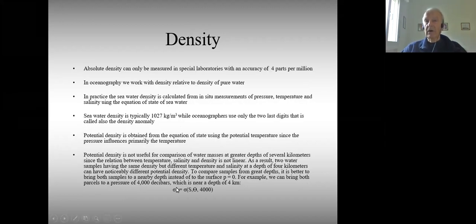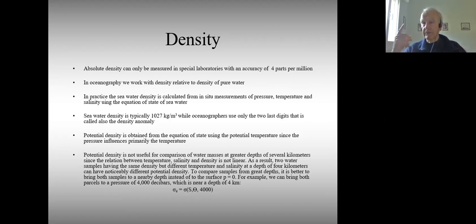Now, obviously, we have the density. The density is obtained using the temperature and salinity. Absolute density can only be measured in special laboratories with an accuracy of 4 parts per million. In oceanography, we work with density relative to the density of pure water.